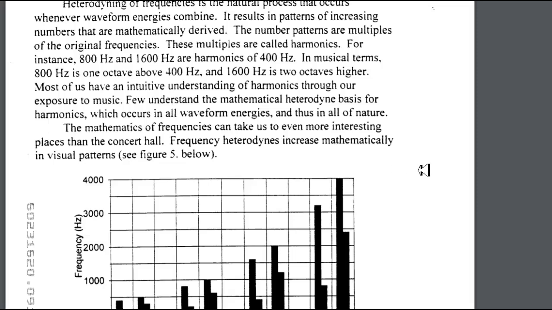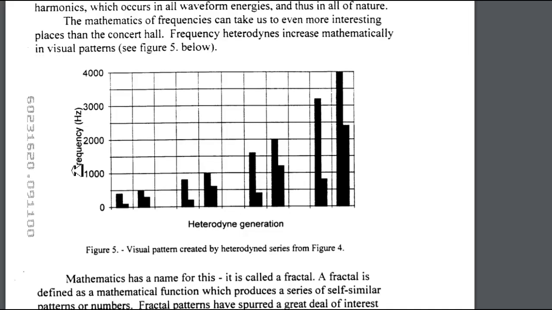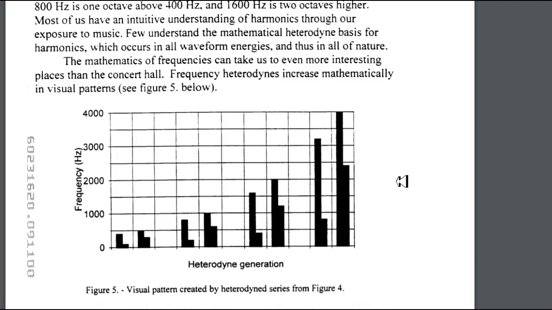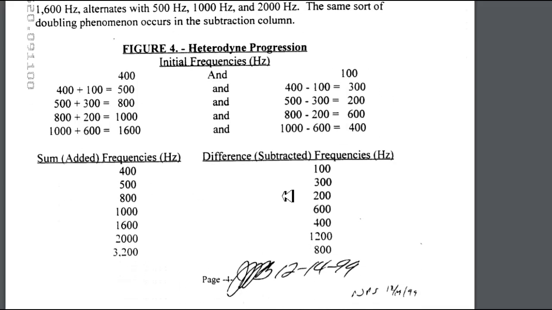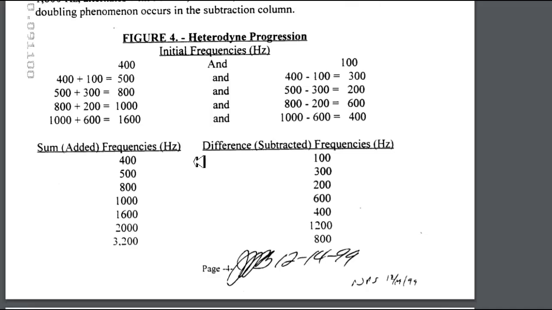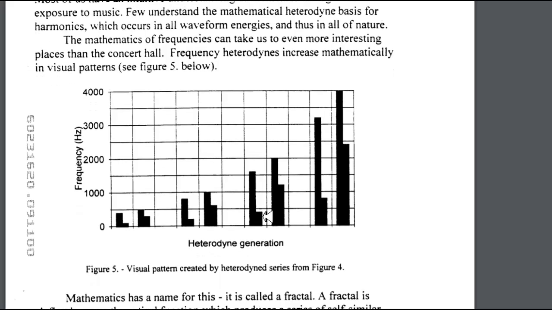So then he goes on to talk about the interesting patterns that these heterodyning frequencies take on. So he shows this figure here. This is the visual pattern created by the heterodyne series from figure 4. In figure 4 he shows all of the ways that the frequencies heterodyne, and this is a graphical representation of that data.